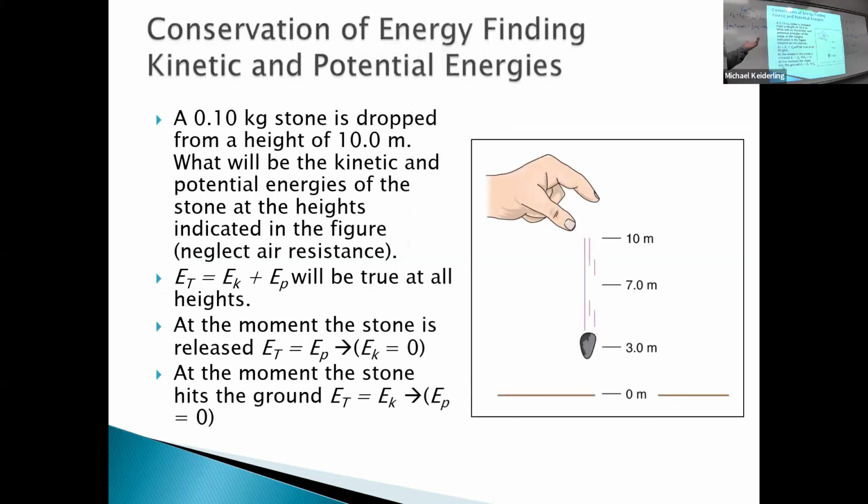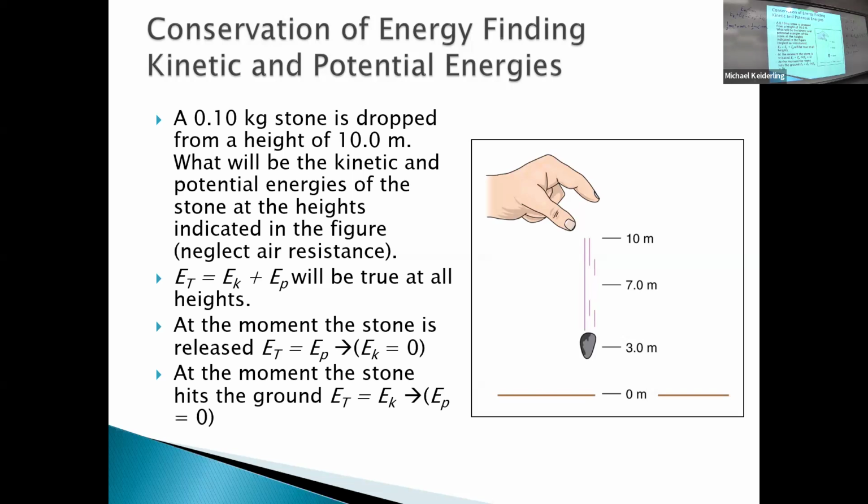So for example, if you drop a stone, as a stone falls from a height of 10 meters, it will steadily speed up. And you can calculate what that speed should be as a function of the height, because the total energy, kinetic plus potential, will be the same at all heights. So you can calculate the kinetic energy and you can calculate what the potential energy is and thus figure out what the kinetic energy should be.